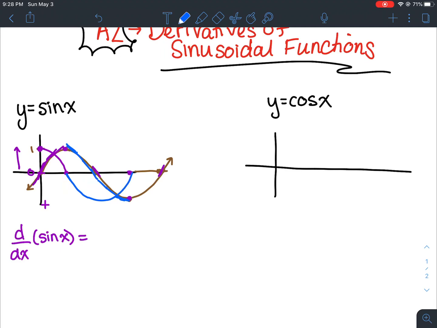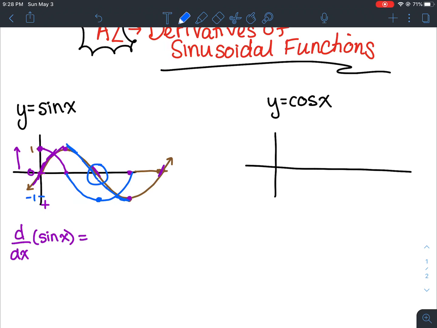So remember this: the graph of the derivative shows you the slope at every point on your graph. If you know that right here on sine x has a slope of -1, then that means the derivative y value will be at -1.